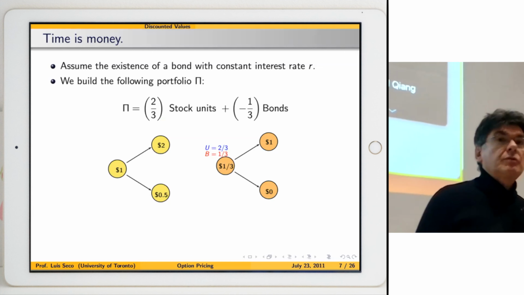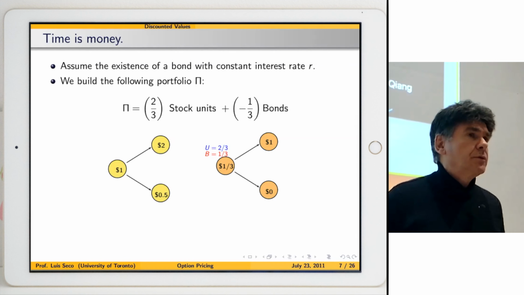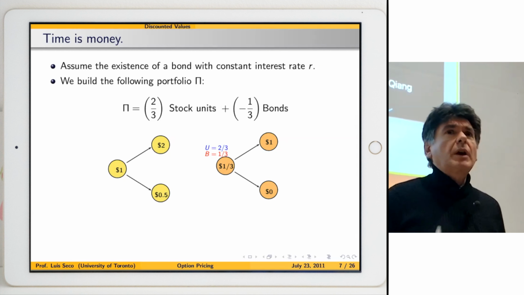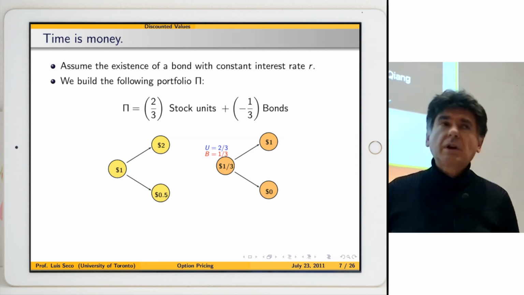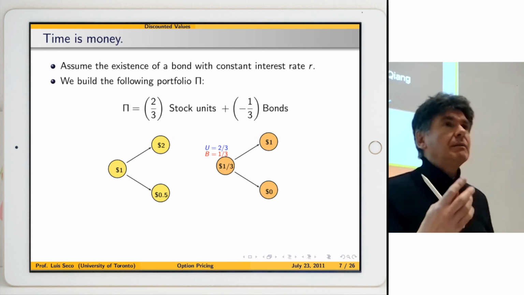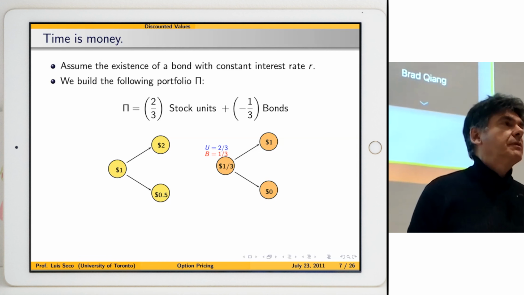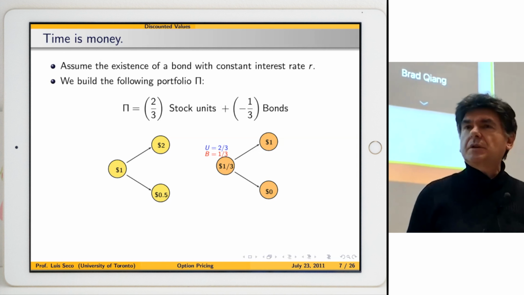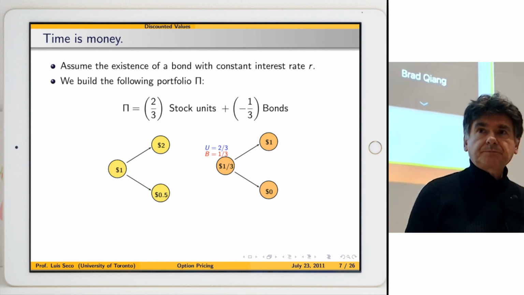Now, what happens if the interest rates are not zero? We mentioned that. There are two ways of doing that. One is, let's rewrite our system of equations. Another is, my replicating portfolio is really this. The money I'm borrowing from Cheryl is really a bond, a short position on a bond, which is I get some money now and then I give it later to her.